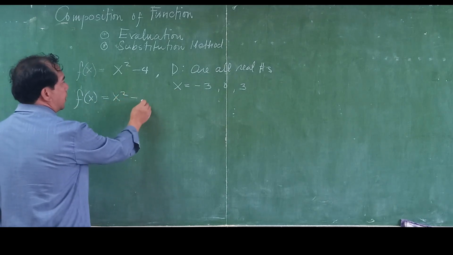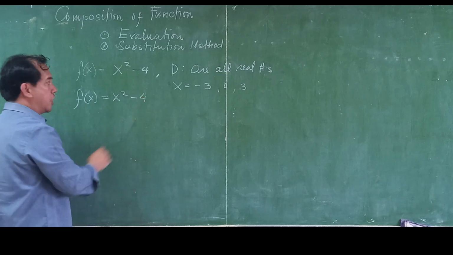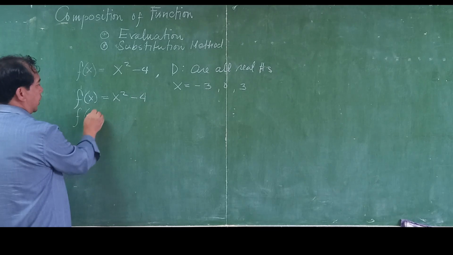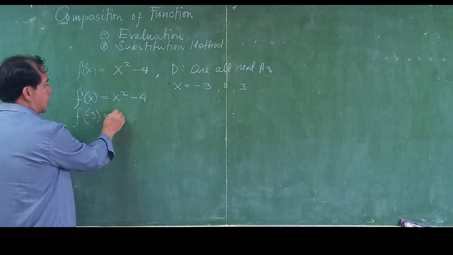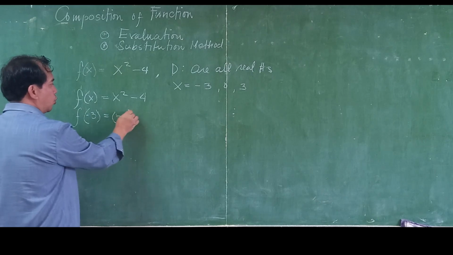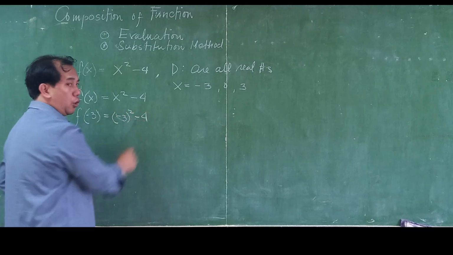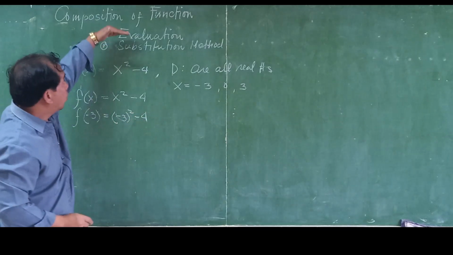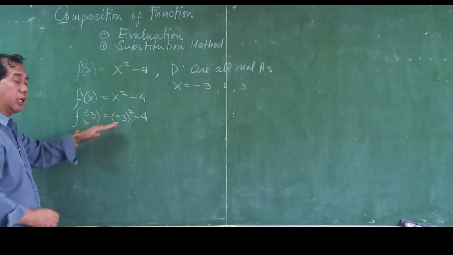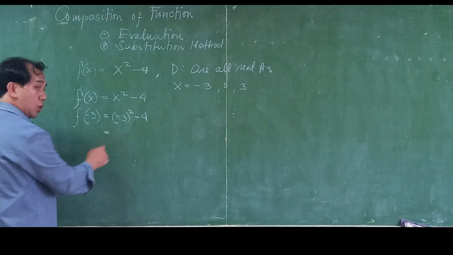We just replace, saying now that f of negative 3 is the same as the quantity negative 3 raised to 2 minus 4. And that is how to evaluate. We substitute. Meaning, after substituting, that's the time we're going to solve.